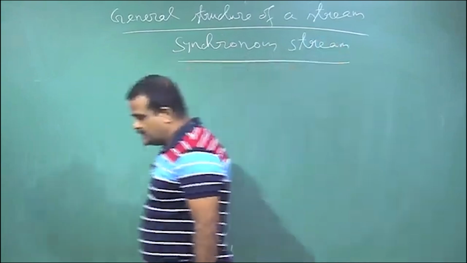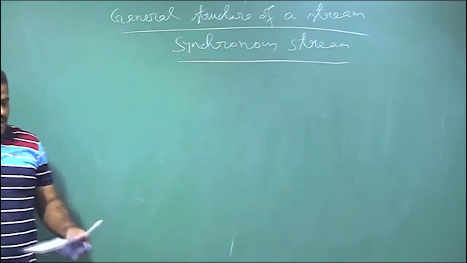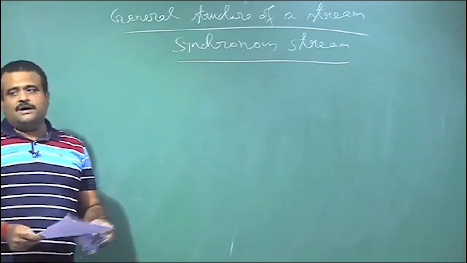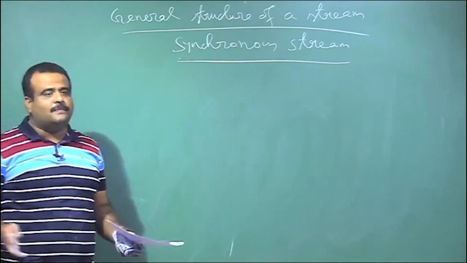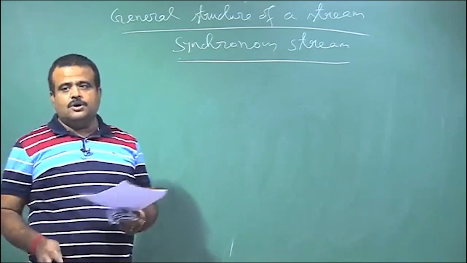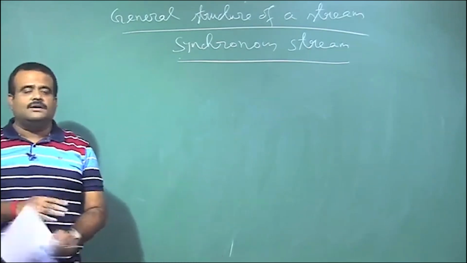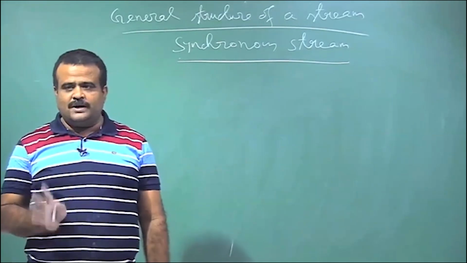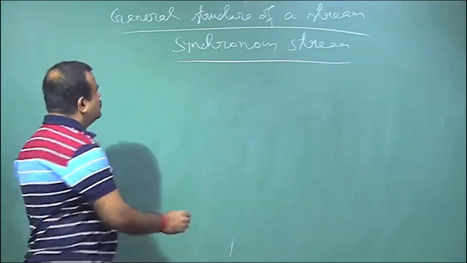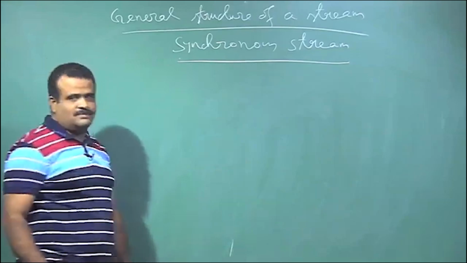Synchronous StreamCipher means the key stream will only depend on the secret key shared between Alice and Bob. The key stream will not depend on the plain text or ciphertext. We are not taking any feedback of the plain text or the ciphertext, so it is independent of them. That StreamCipher is called synchronous StreamCipher.